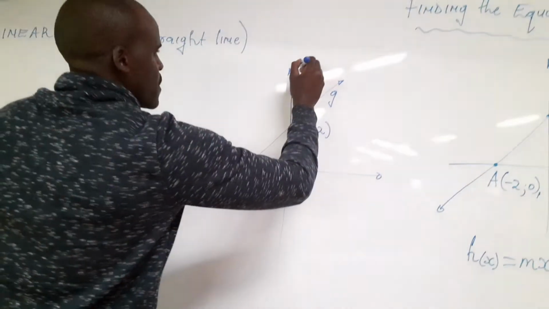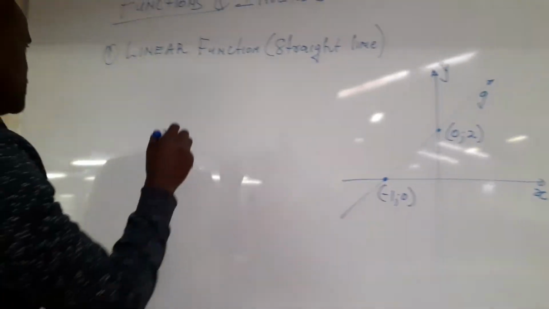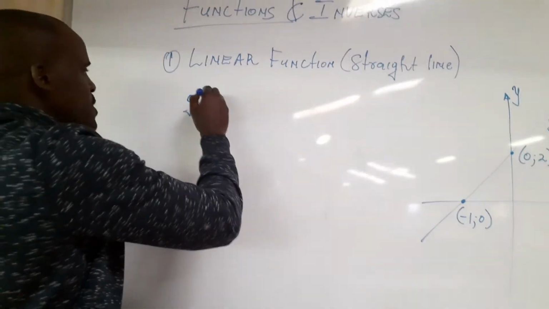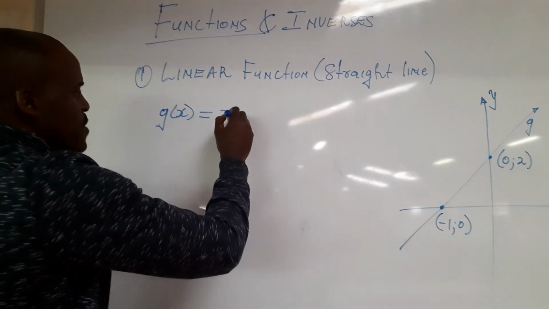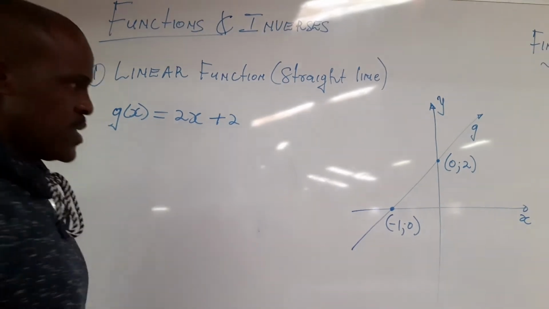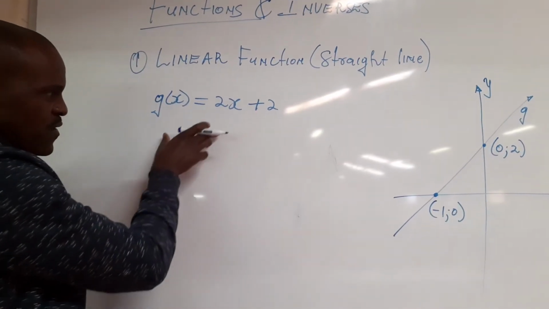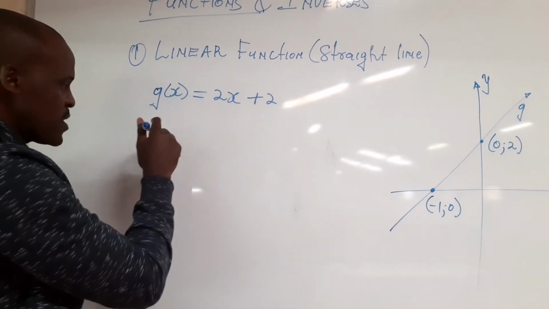Let's now find the inverse. It's g(x) equals 2x plus 2. That's the equation of this graph. So let's see how to find the equation of the inverse of this graph.